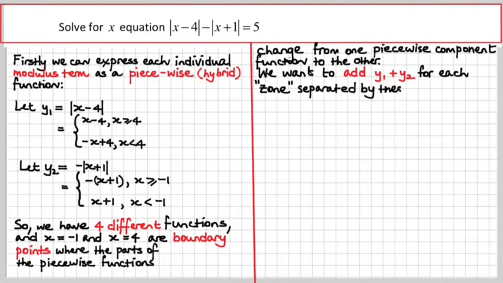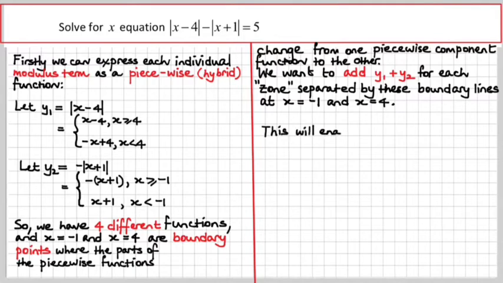So once we've got these zones delineated by these boundary lines, we want to add y1 plus y2, in other words, add this thing to the minus mod x plus 1 thing, for each zone separated by these boundary lines at x is minus 1 and x is 4. Do you get the deal?